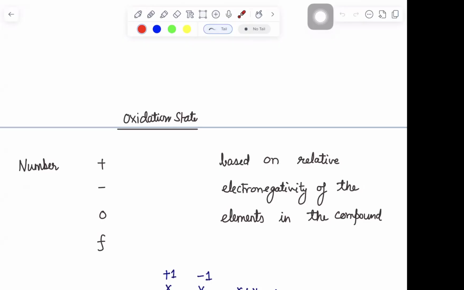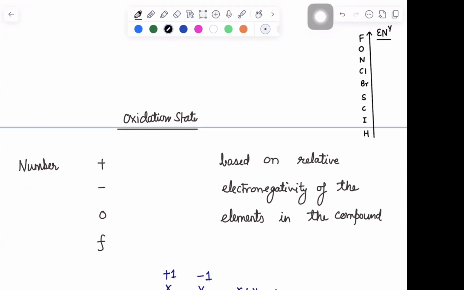So I repeat my sentence once again. Electronegativity is basically the pulling of the electron cloud by an element due to its inherent nature. So we have a set of elements: fluorine, oxygen, nitrogen, chlorine, bromine, sulfur, carbon, iodine, and hydrogen, in electronegativity sequence.